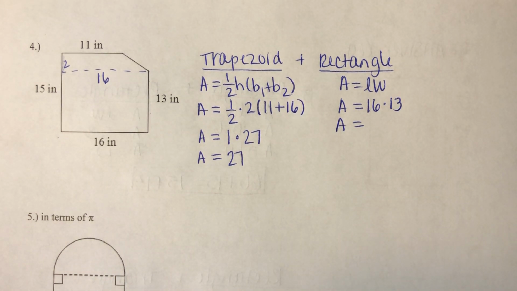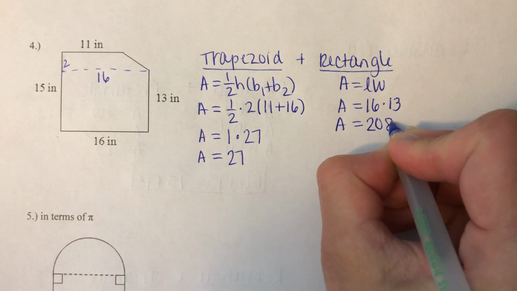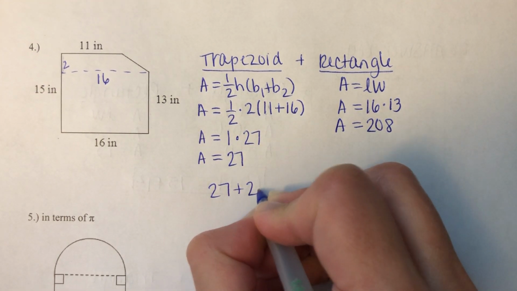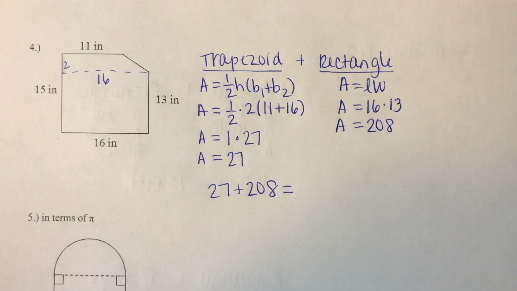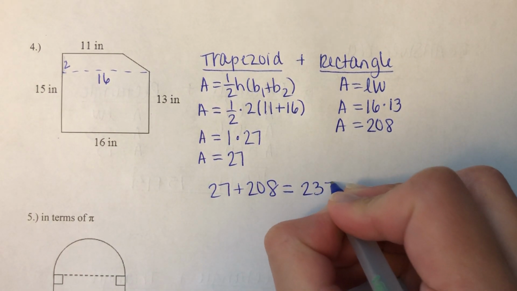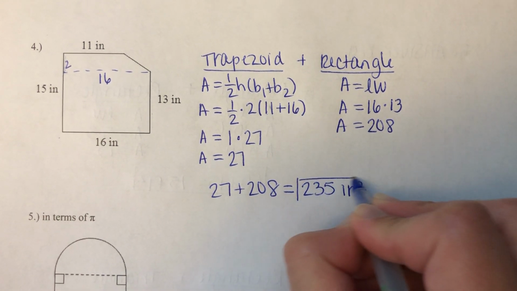And then 16 times 13 is 208. And we will add our answers together. So we get 235 square inches.